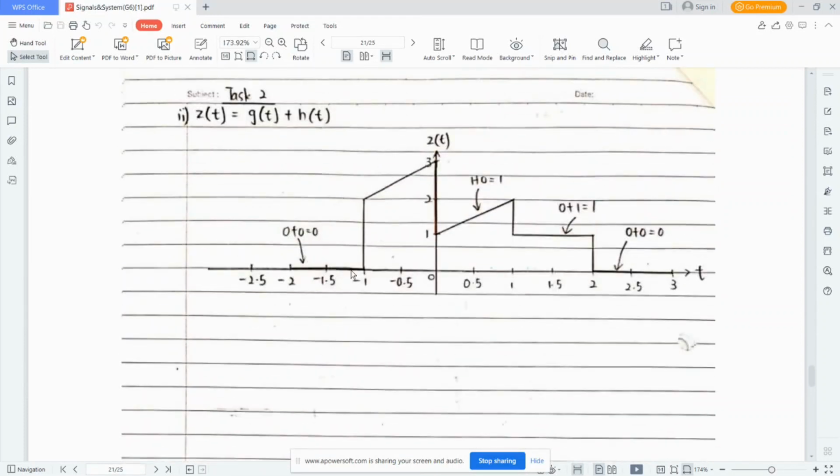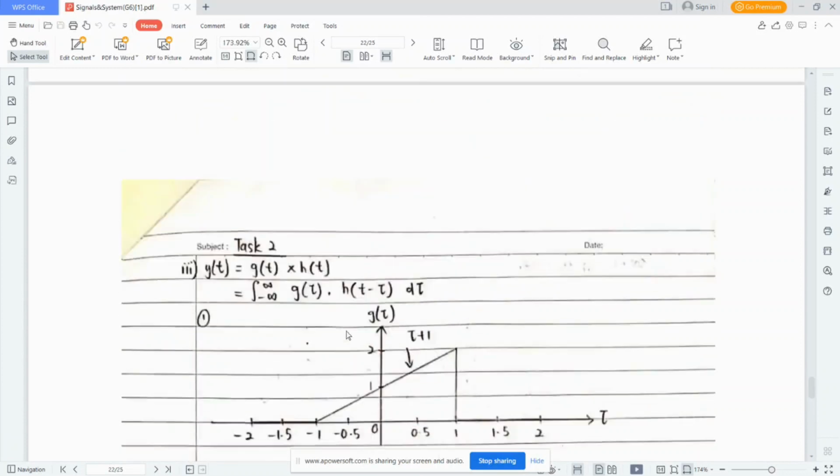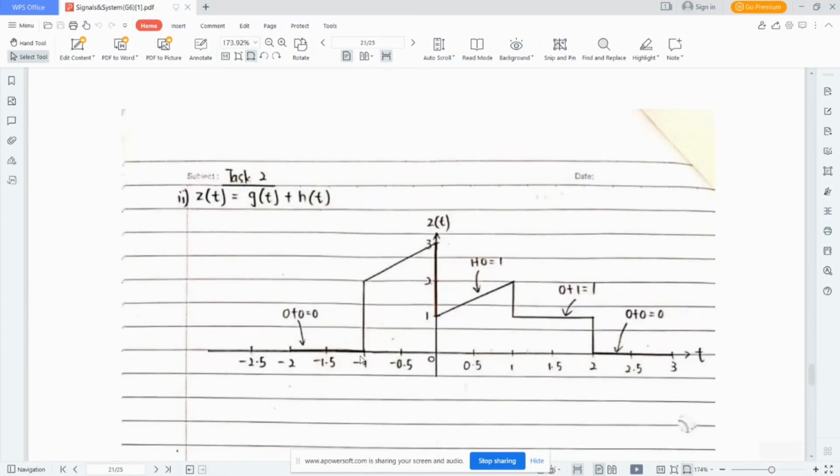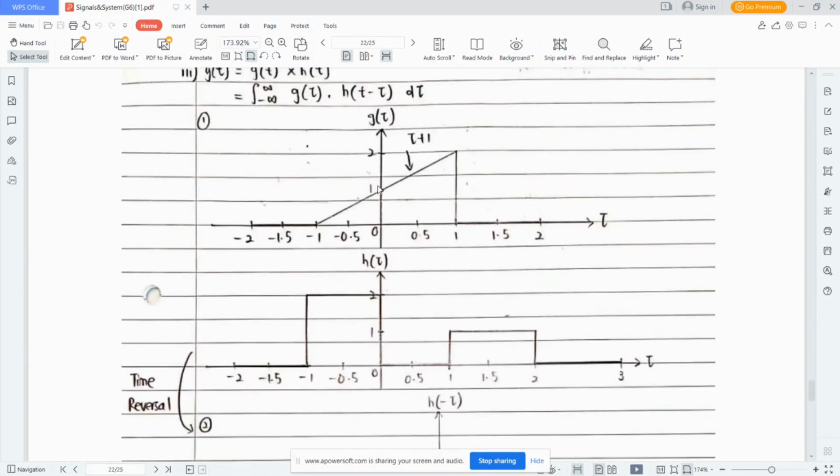So here is 0. And then from -1 to 0, there is this waveform and also this waveform. When these two waveforms add together, we will get this waveform. From 0 to 1 it is 1 plus 0: here is 1 and here is 0.